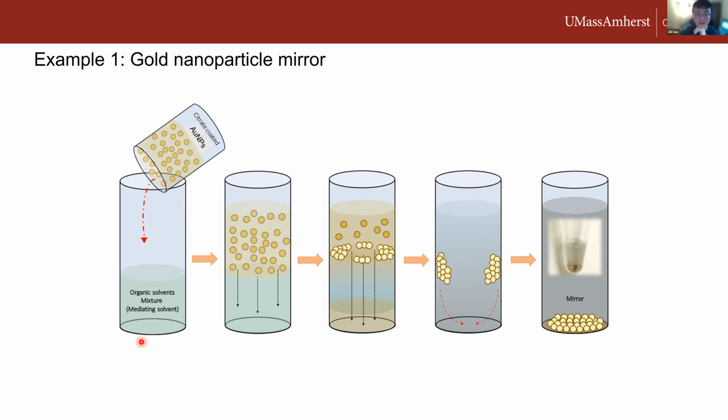But once we add these nanoparticles to the organic solvent mixture, the organic solvent mixture will remove this charge, then the gold will start to aggregate. And because of the density, the gold tends to settle at the bottom in this organic solvent and form a uniform monolayer gold mirror.